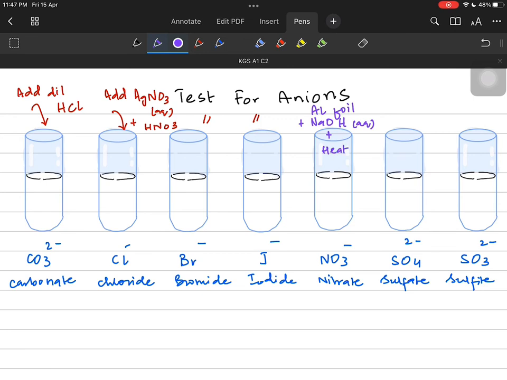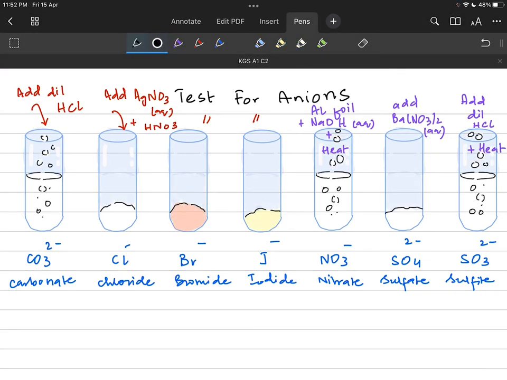To confirm sulfate, we add dilute barium nitrate and sometimes nitric acid as well. For sulfite, we add dilute hydrochloric acid, plus we heat it.